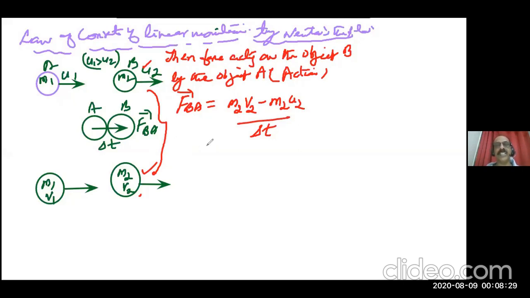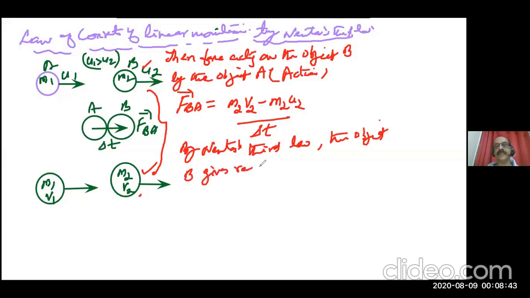Then by Newton's third law, the object B gives a reaction to A. Object B gives a reaction to A. That is, mark F, A by B. Force acting on A by B. This is the reaction.